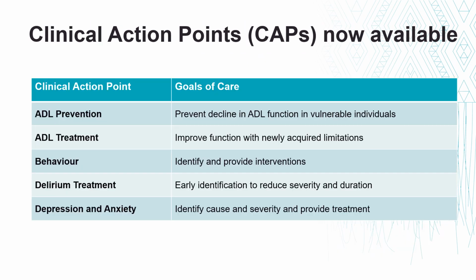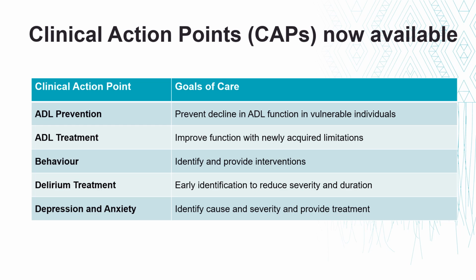Clinical action points are now available in the acute care assessment. These will show on the assessment summary for your admission and review assessments. They are designed specifically to identify patients who are likely to benefit from a care intervention. They trigger for two main reasons. The first is for prevention. This is where the person is at risk of an adverse event, and that event could be prevented.